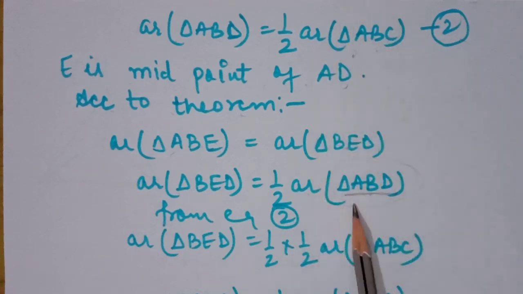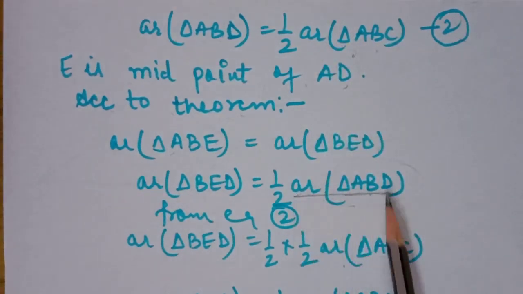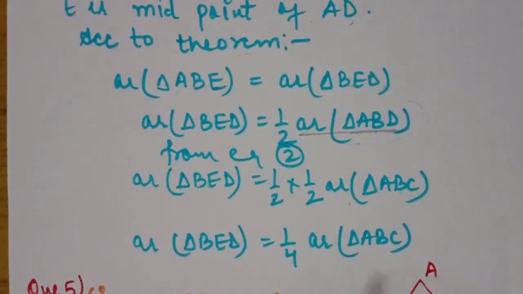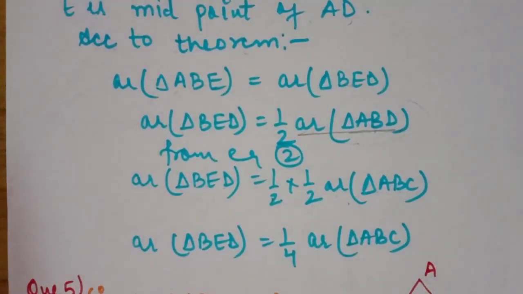We replace area of ABD with half of area of ABC. This half stays here as it is. So area of BED is equal to 1/4 of ABC. You got this point?